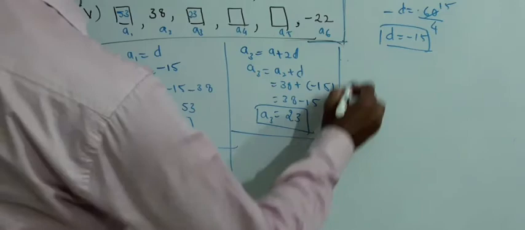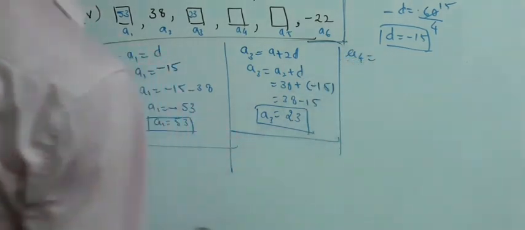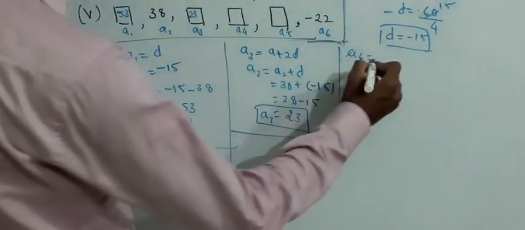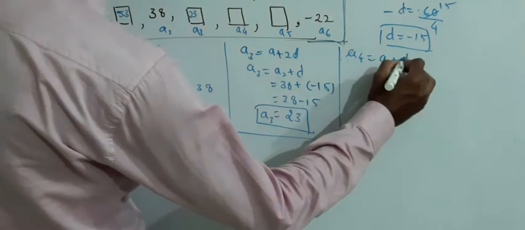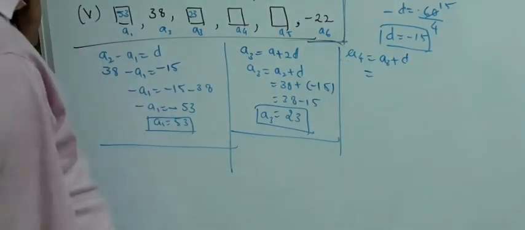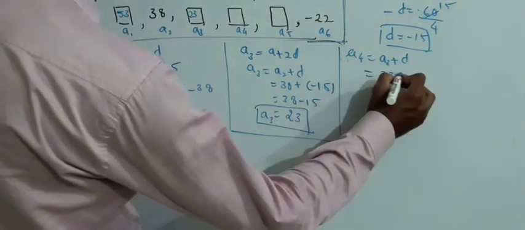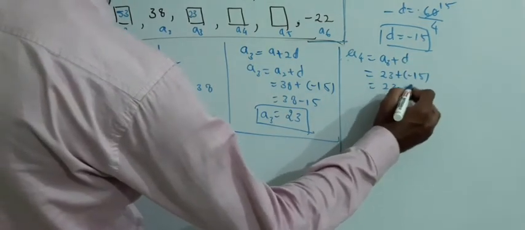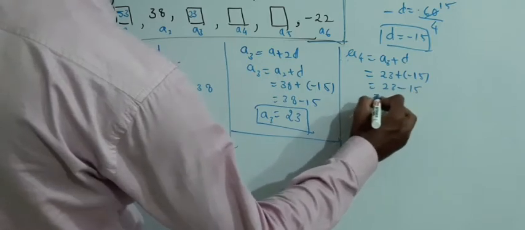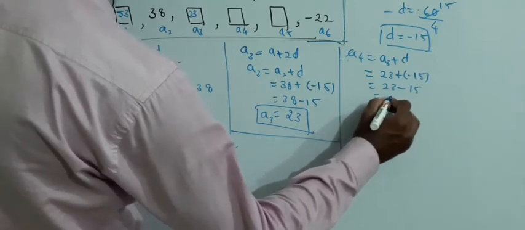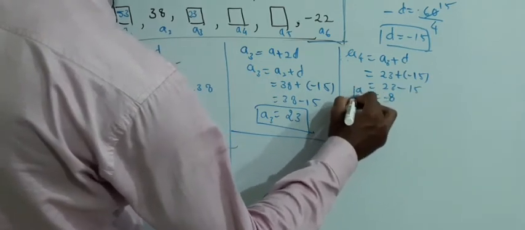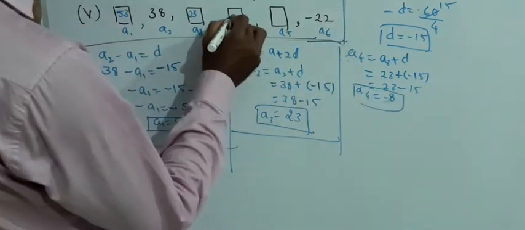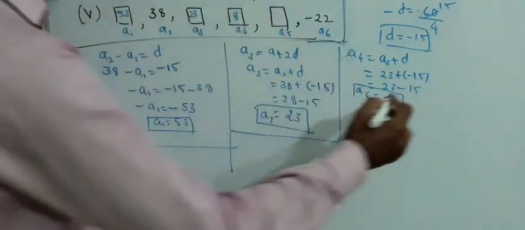Then A4, same thing I am going to do. To get A4, A3 plus D. What is A3? 23 plus minus 15 is equal to 23 minus 15, which is equal to 8. A4 is 8. And we need to calculate A5.